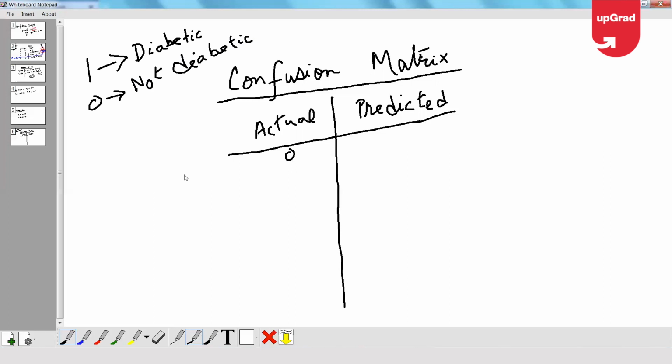So suppose we have a few observations. Let's give them numbers because that will help us later on.